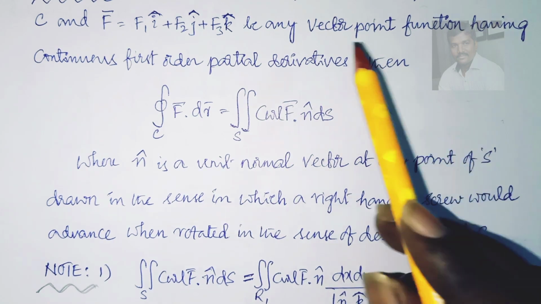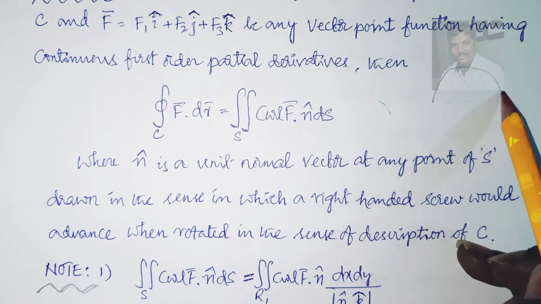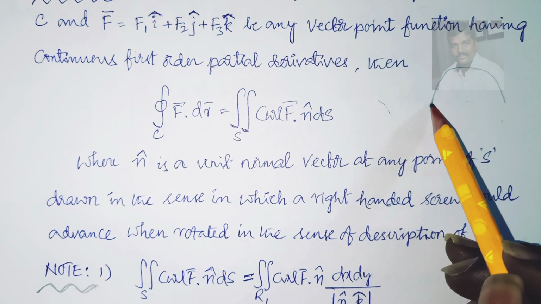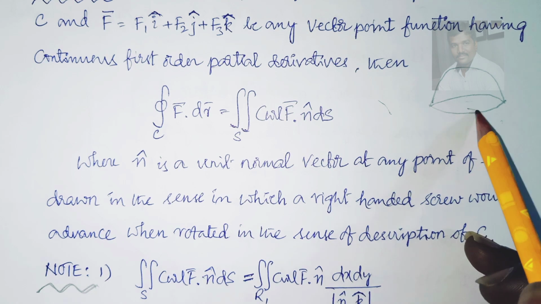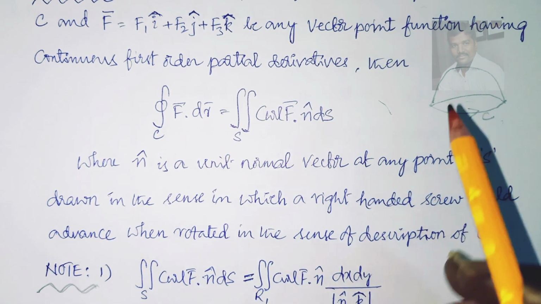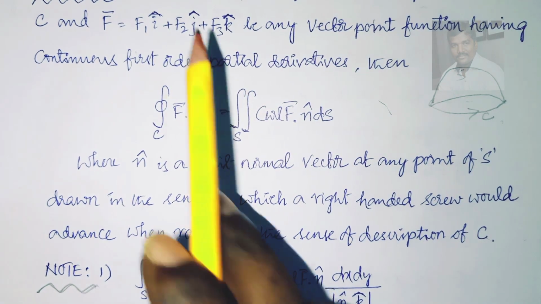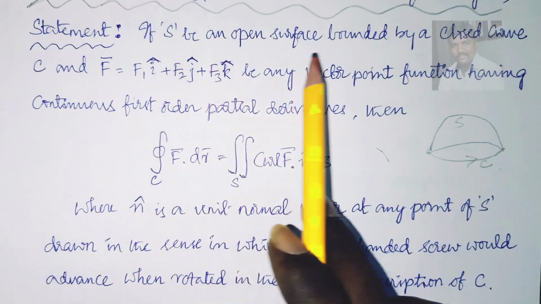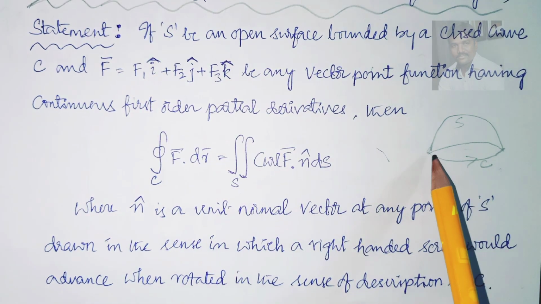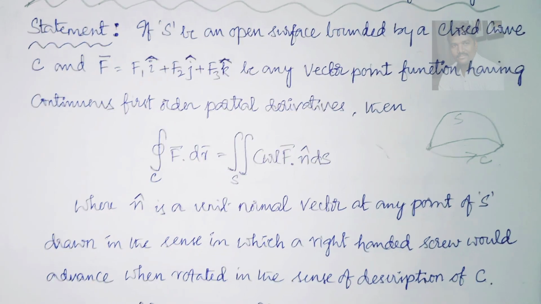As you know, S being an open surface means we can consider something like this, some surface, and this is C, the boundary, the closed curve. S is an open surface bounded by a closed curve C, like this example.